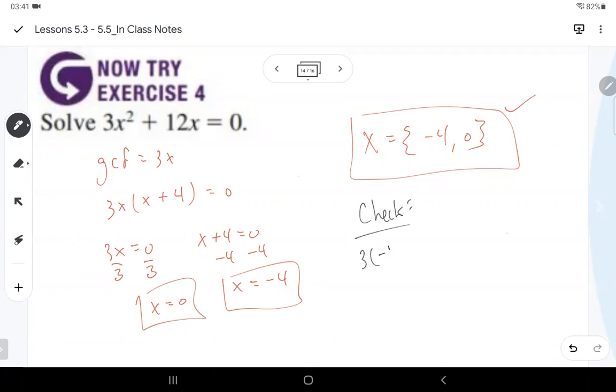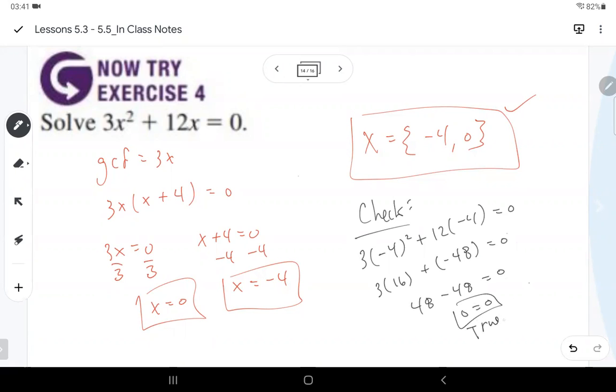3 times negative 4 squared plus 12 times negative 4 equals 0. That's 3 times 16 plus negative 48. So 48 minus 48 equals 0. 0 equals 0. True.